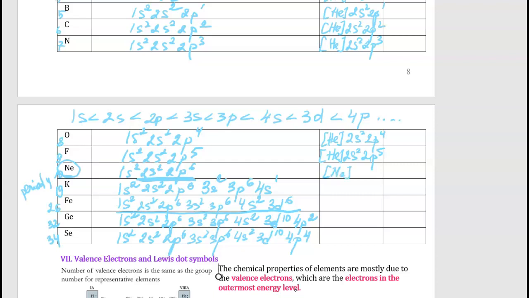And after neon, we will compare elements with its structure, okay? I give you an example. So neon, and the next one will be sodium. Sodium, its number is 11, and it will be like neon and 3s1. What about potassium? With which noble gas will we compare its electron structure?